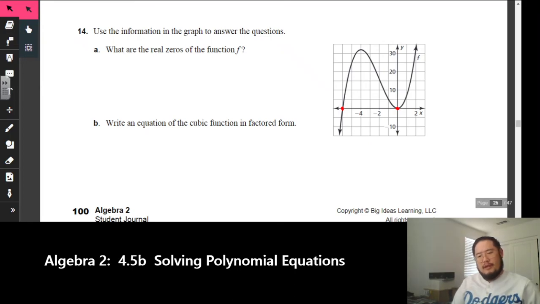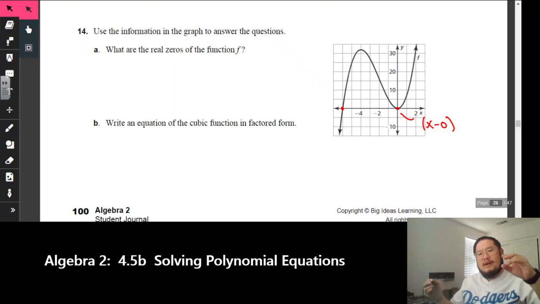So if 0 is one of my solutions, remember, technically what I'm looking at is x minus 0. Okay. Right here, now it says, take a look at our function. I should know that because I have end values going in opposite directions, it's an odd degree.